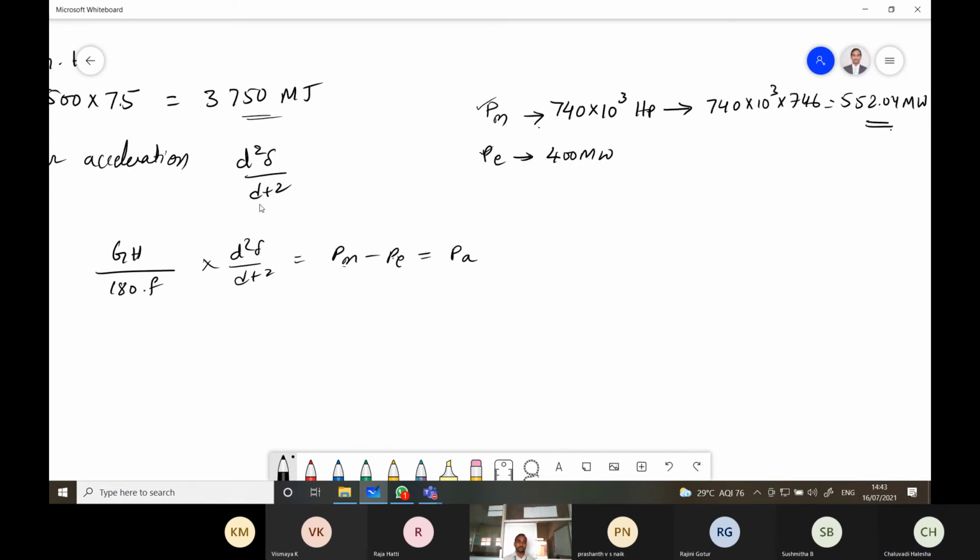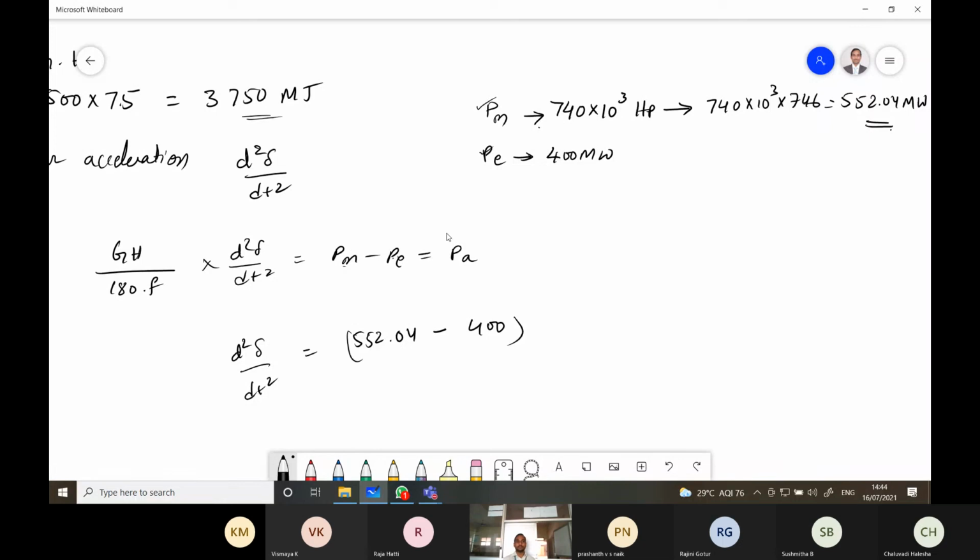So now d square delta by dt square is equal to Pm minus Pe, 552.04 minus Pe is 400, and G, H and 180 F is there.